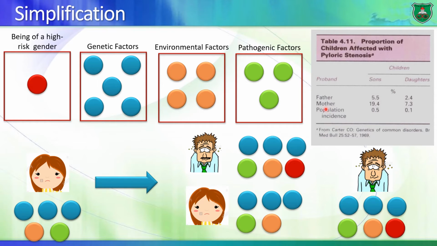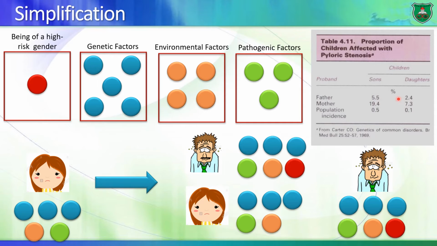Looking at the same table, if the mother is affected, boys and girls would be affected. But notice that the probability that boys would be affected is much higher than if the father is affected.